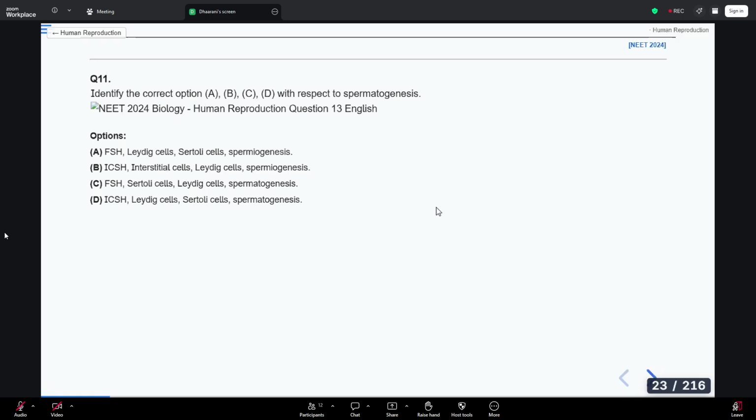What is FSH? Let's discuss all these things. FSH is follicle stimulating hormone. What are these Leydig cells? Where can you see these Leydig cells? What is the role of Leydig cells?